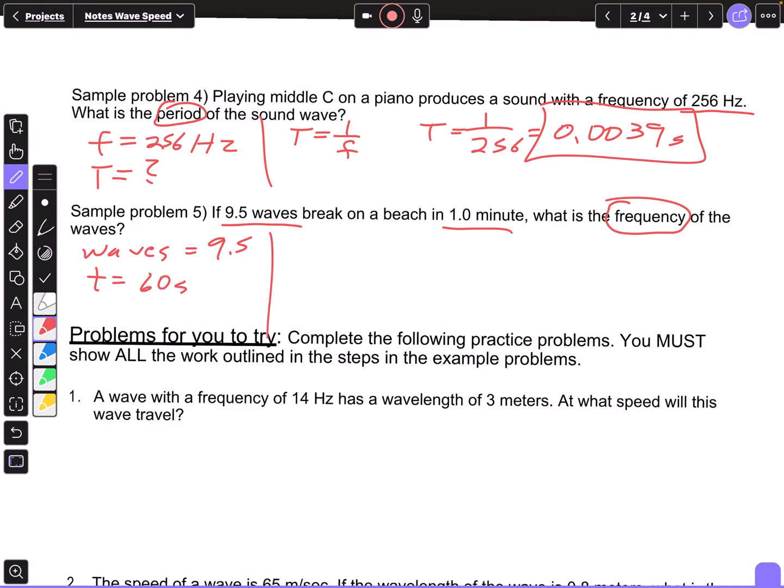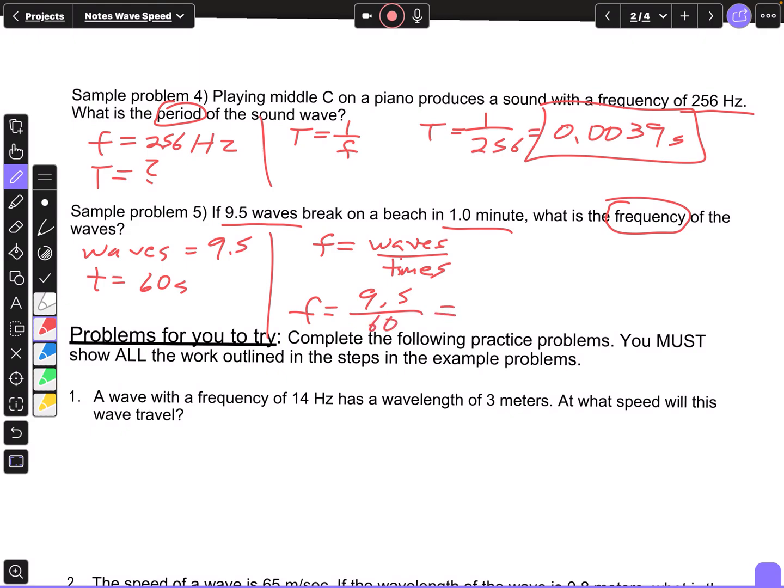Now, for my equation for waves, I did have one other. If you read your notes, it says the frequency is equal to the number of waves divided by time. So I would just plug that in. Frequency is going to equal the number of waves I have, which was 9.5, over the time in seconds, which was 60.